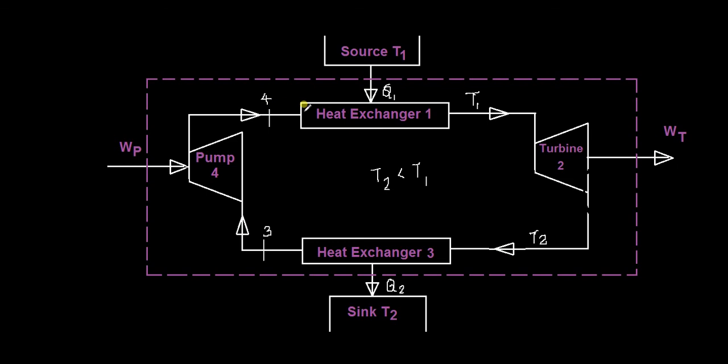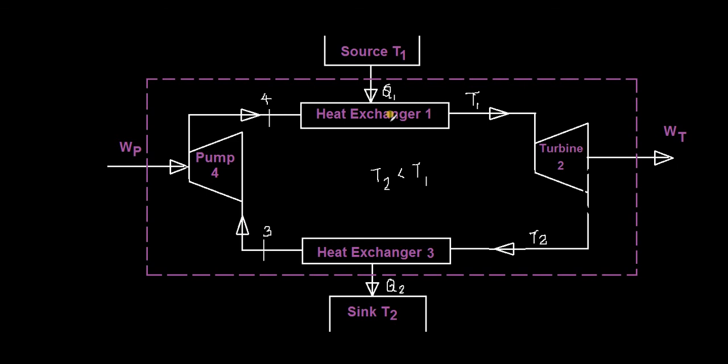Now let's see if we can draw the pressure, volume and temperature entropy diagrams for this Carnot cycle. Basically, this is a heat engine that is producing turbine work, consuming Q1 of heat energy and WP pump work, and releasing the Q2 heat to the sink.